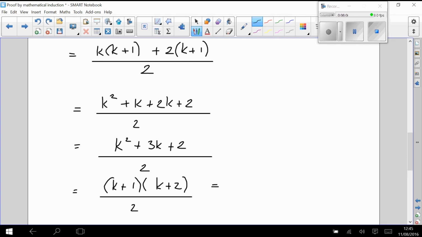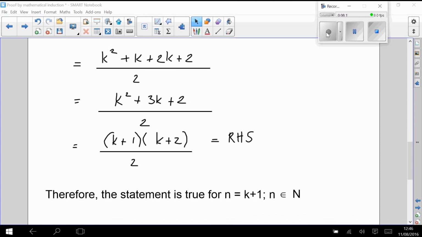Now that is equal to my right-hand side. In other words, I've proven the statement is true when n is equal to k plus 1. Remember, it is critical for you to write up your conclusion. So you must say that the statement is true for n is equal to k plus 1 if n was an element of your natural numbers.